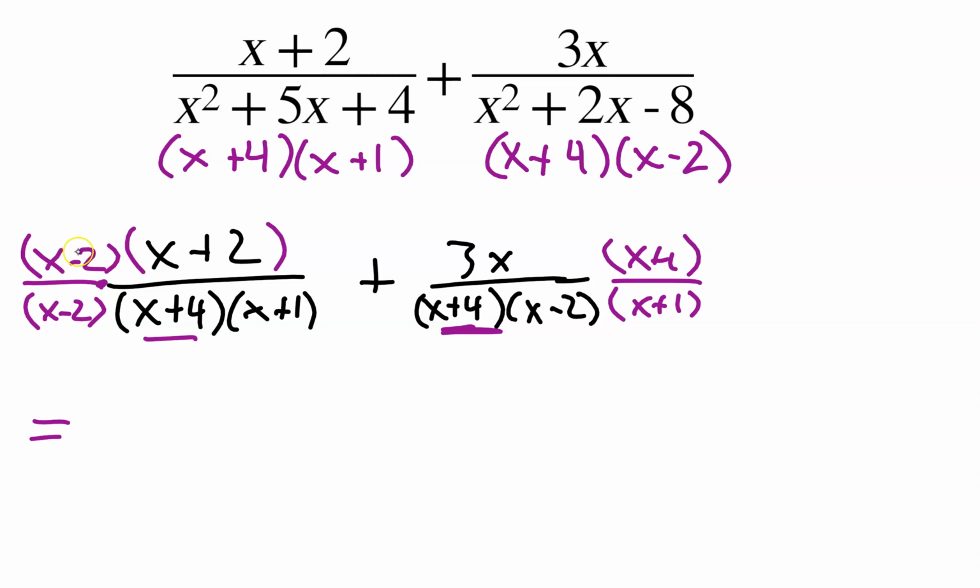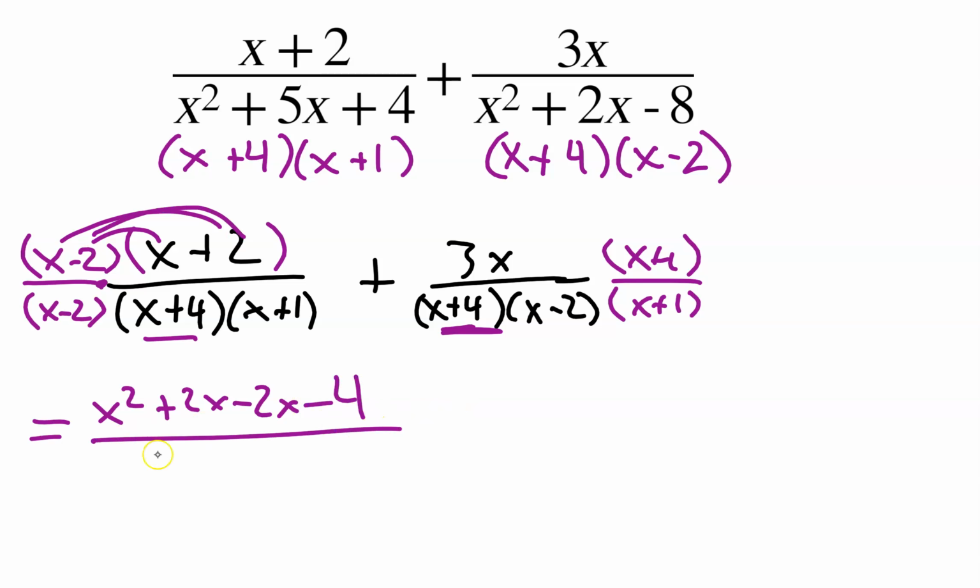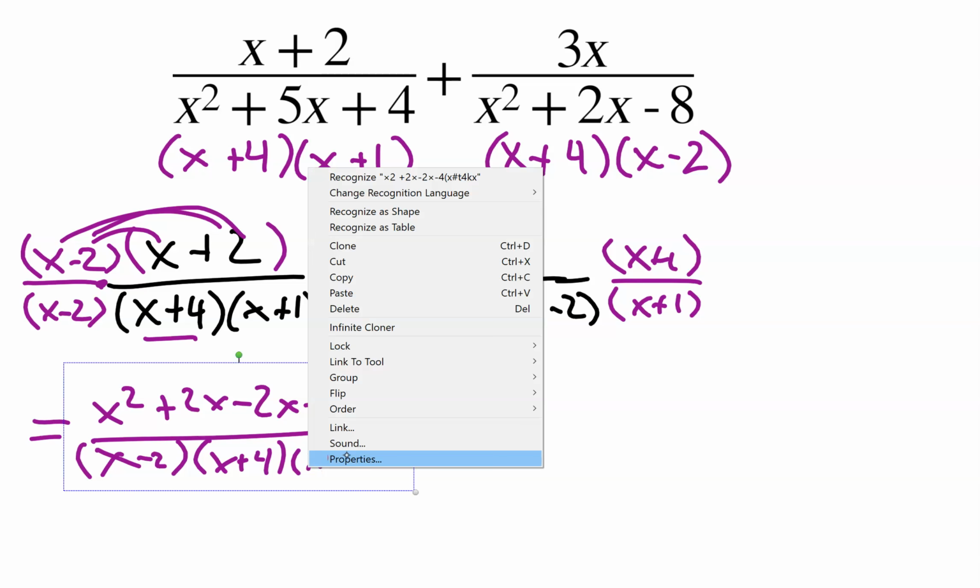First things first, x times x is x squared. Then I have a plus 2x, and a minus 2x, and a minus 4. And that's all over x minus 2, x plus 4, and x plus 1.